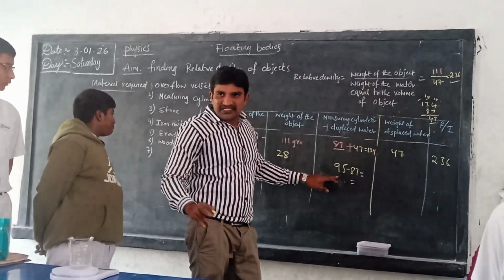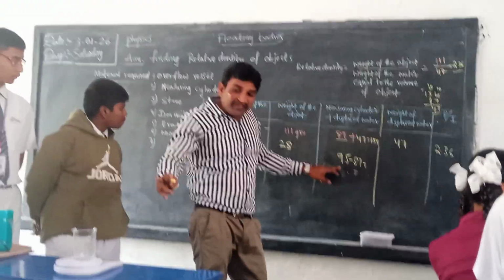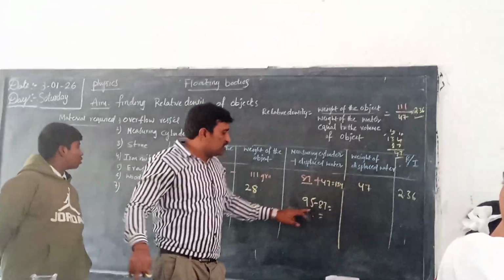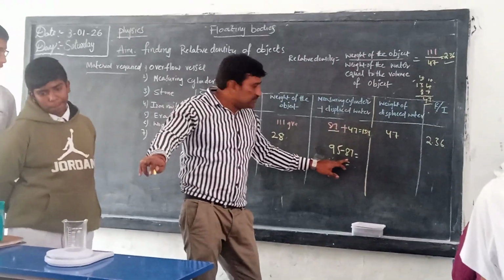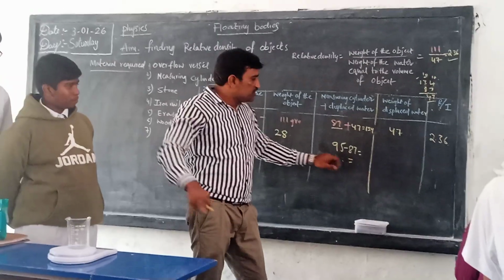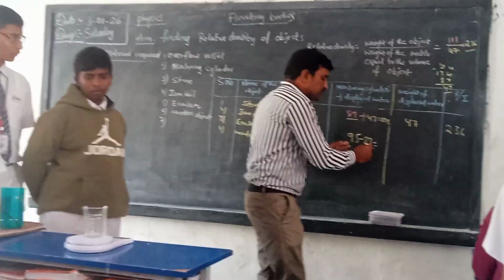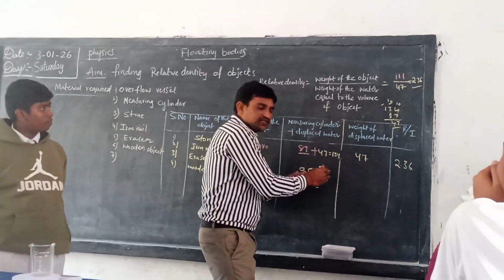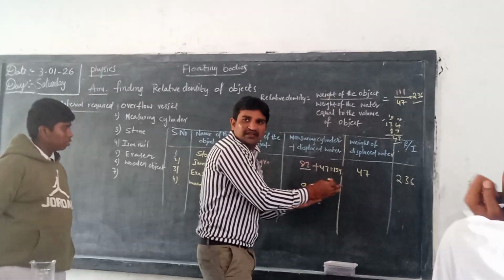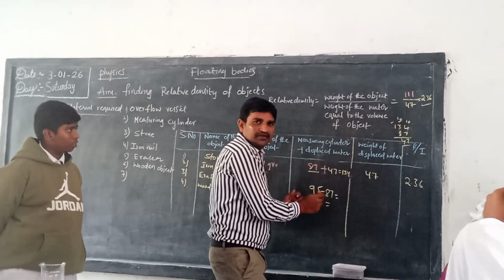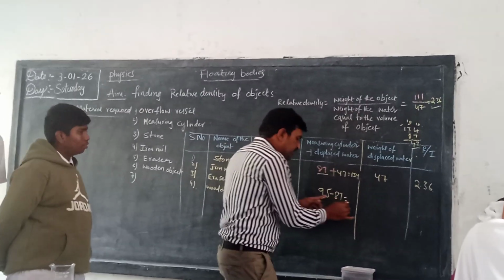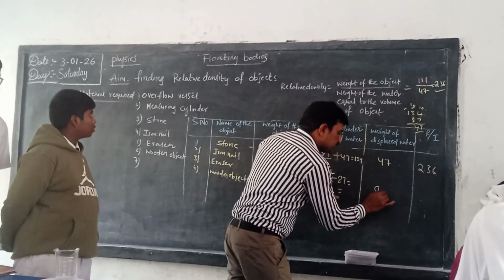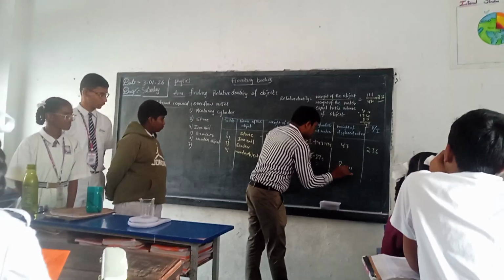So 95 is the water with the measuring cylinder weight, and 87 is the empty measuring cylinder weight. If we do subtraction, 95 minus 87, we get the weight of the displaced water. What is the displaced water weight? 8 grams.